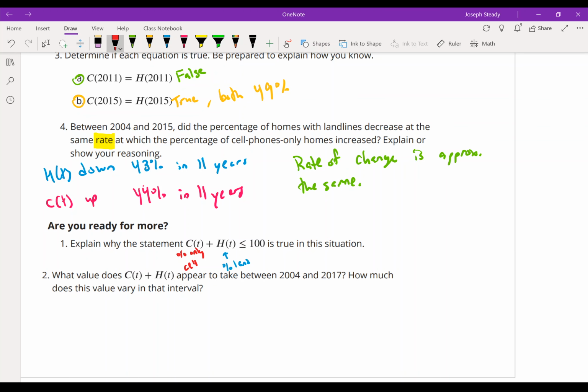Even if tons of people had cell phones, only the 30% that don't have the landline could ever be counted in this C of t function. So these two together can only ever add up to 100% at most.